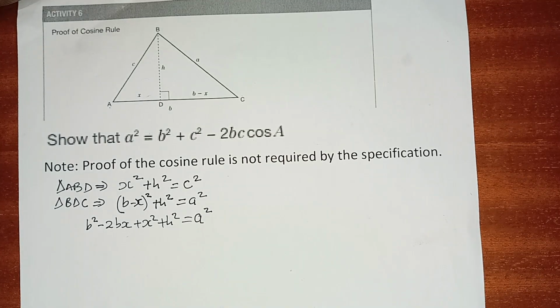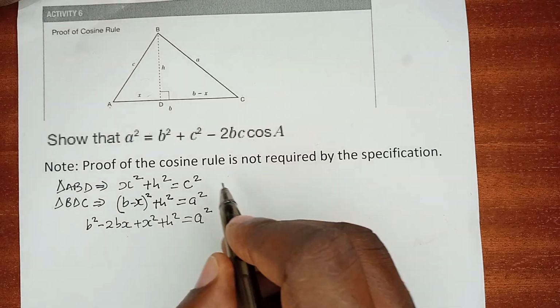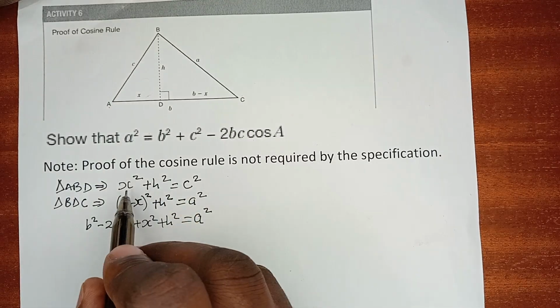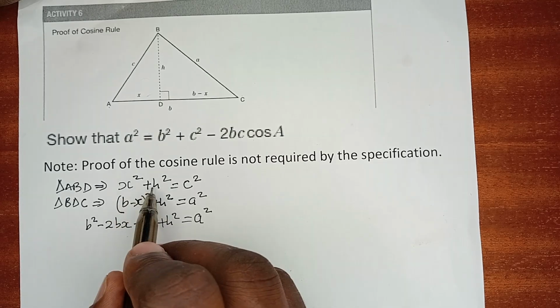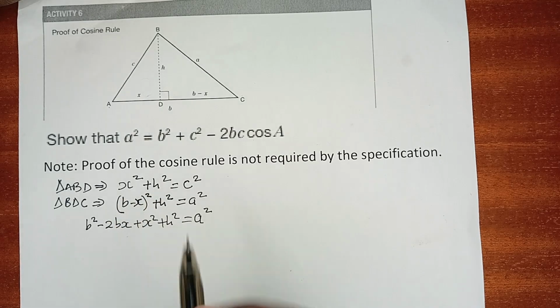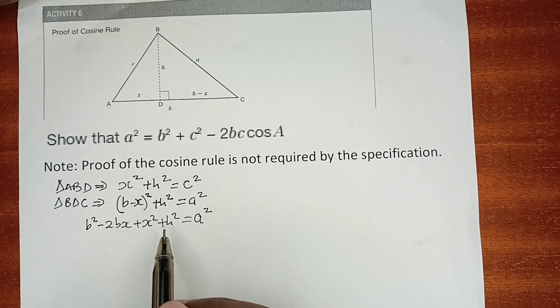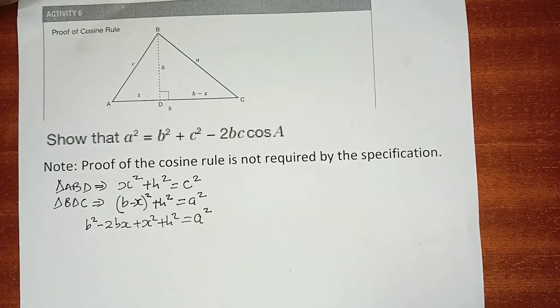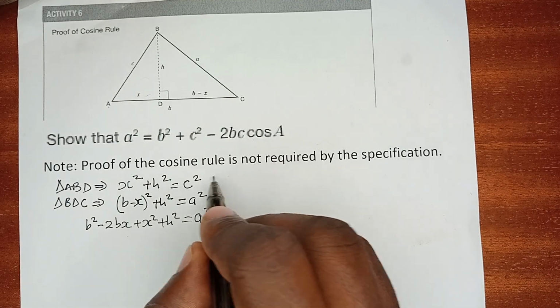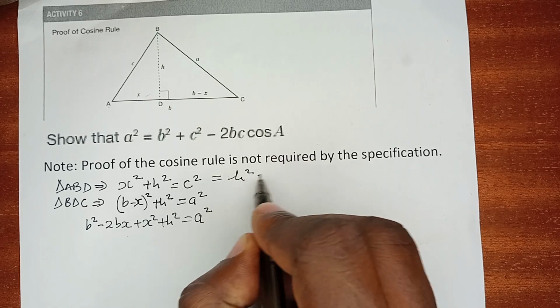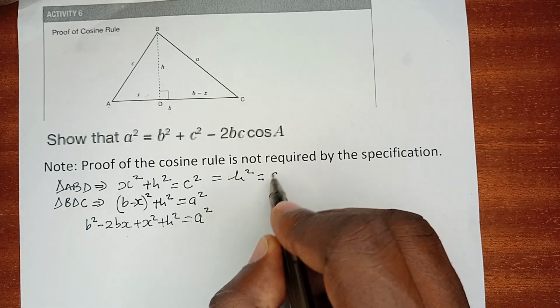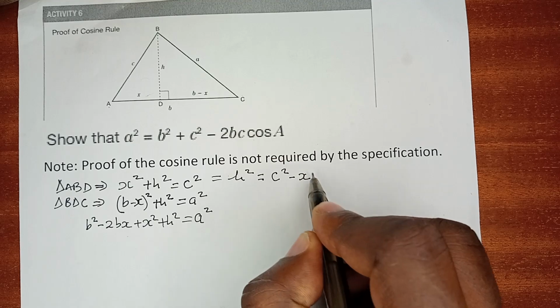And as you can see, from equation 1, we can make h squared the subject, and we can also make h squared the subject here. h squared is equal to c squared minus x squared.